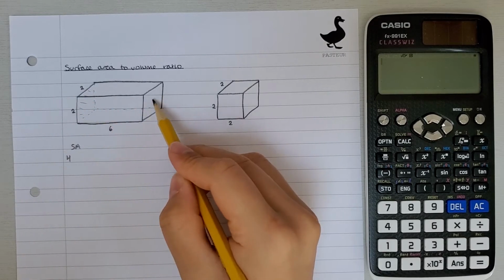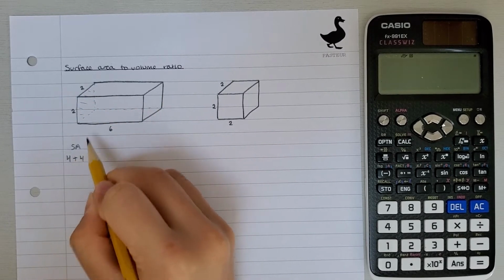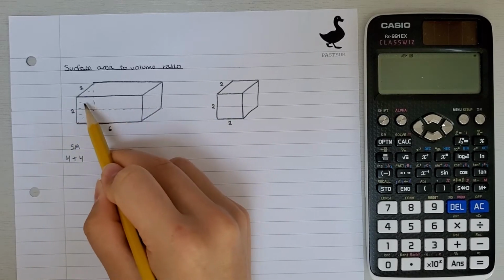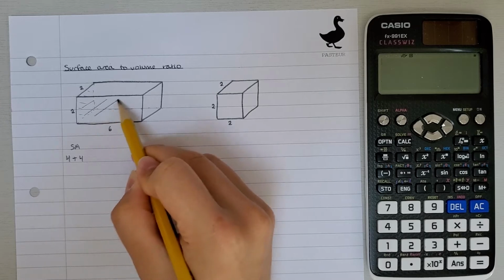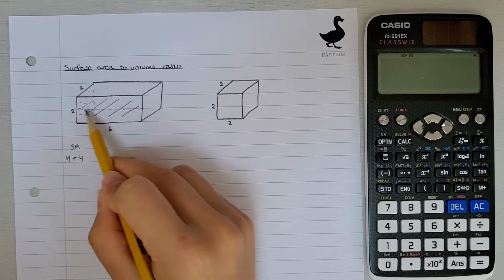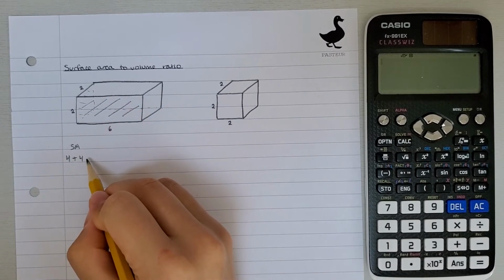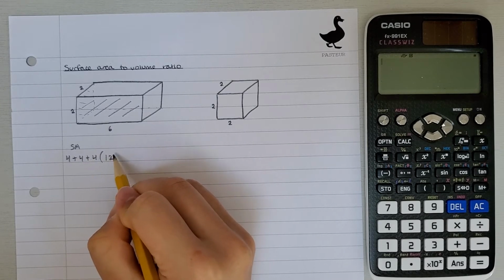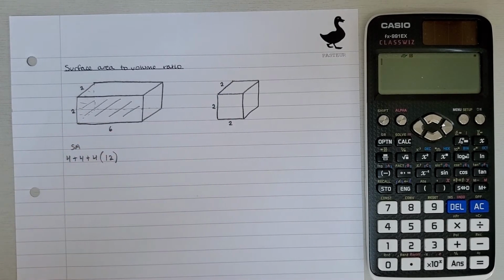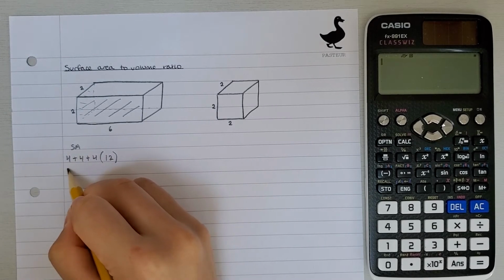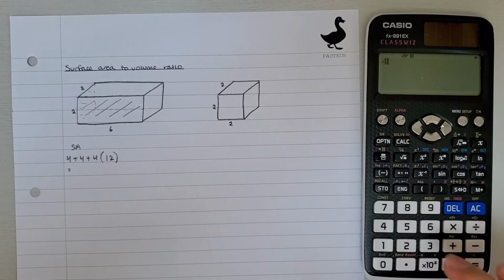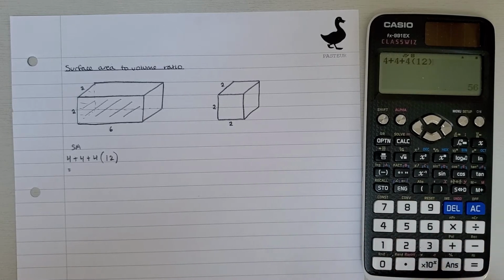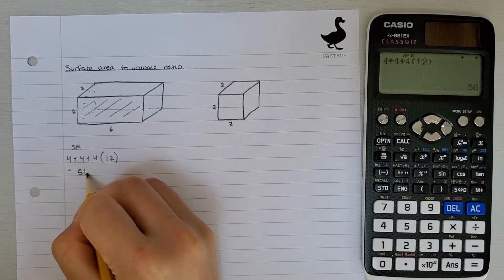We have 4, 4, 4, plus 4, 2 times 6, so taking into account this larger rectangle, 1, 2, 3, 4, plus 4 times 12, which is 2 times 6. So that's the surface area. Calculating the surface area, it's 4 plus 4 plus 4 times 12, which is 56.